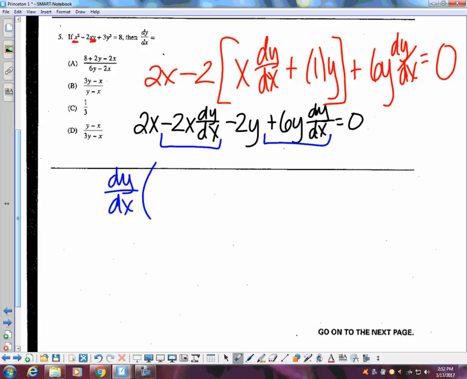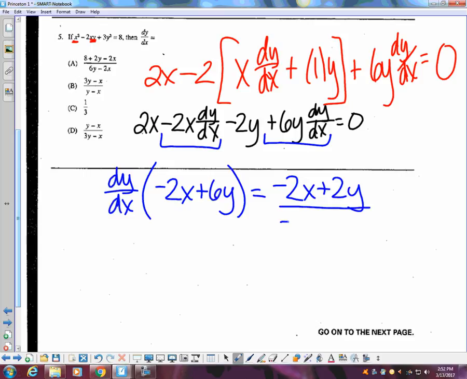What does that leave me with? Equals, okay, now my two normal guys that I'm moving over, both their signs are going to change. So negative 2x plus 2y. This is very algebraic. Now what am I going to do? To solve for dy dx, divide by 2x plus 6y.